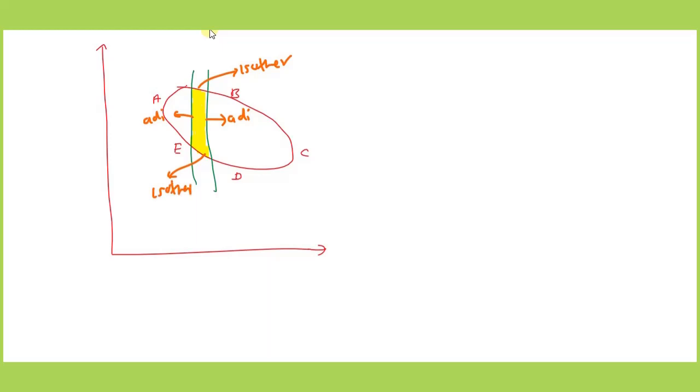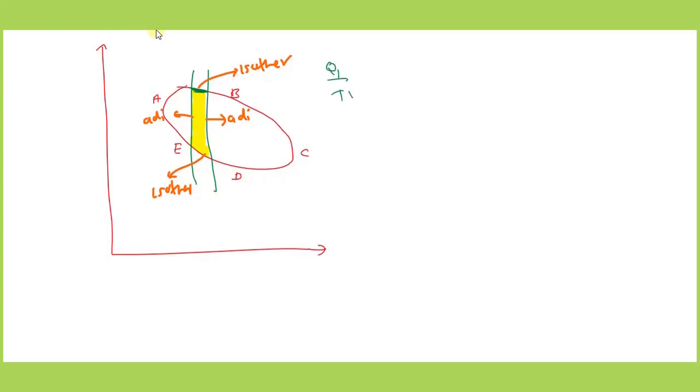So this yellow shaded region is surrounded by two very short isothermals and two adiabatic curves. Okay, then for this cycle, the change in entropy during this isothermal curve will be, if I consider this curve, equal to Q1 by T1.